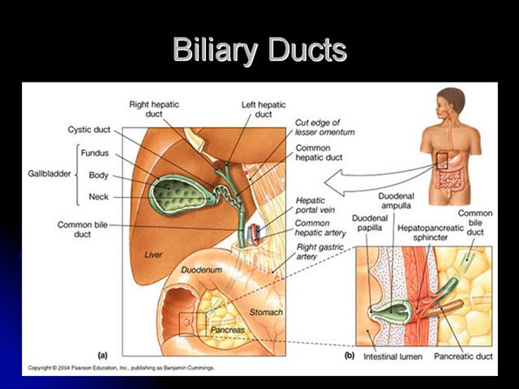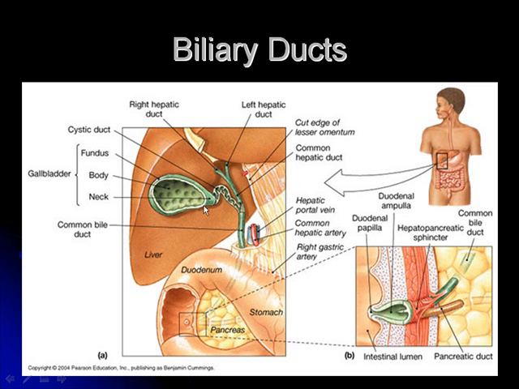Now, here's a look at the biliary system. The biliary system, as we refer to it, commonly involves the gallbladder, which is a reservoir that stores a substance called bile, B-I-L-E, produced in the liver but stored here in the gallbladder, and direct secretion of bile from the liver itself, which would enter into a common bile duct, which is a merging of the cystic duct, which comes from the gallbladder, and the common hepatic duct, as it comes from the different lobes of the liver.